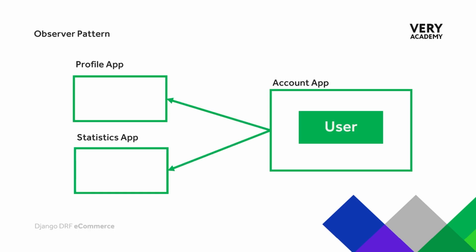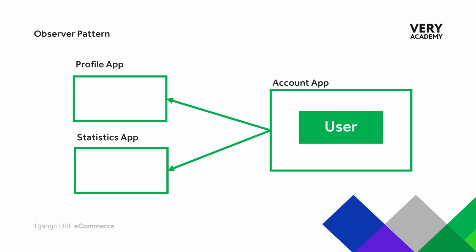So just loosely speaking, here, for example, we have a Django application which has 3 apps. We have the account app, statistics app, and profile app. This is all hypothetical, but let's imagine that we needed to store information whenever a new user has been saved. So a new user has been saved.